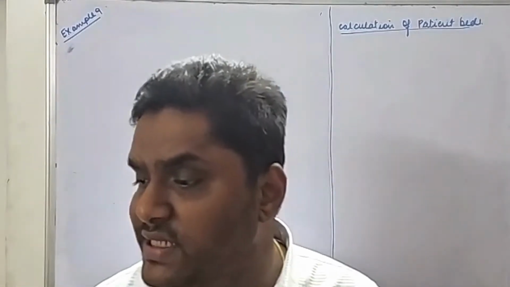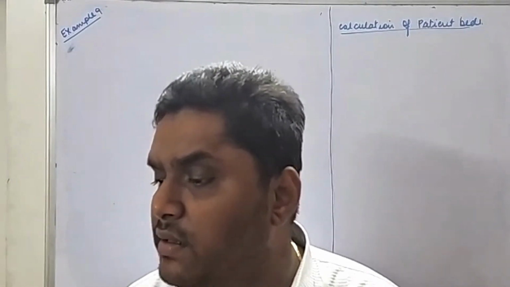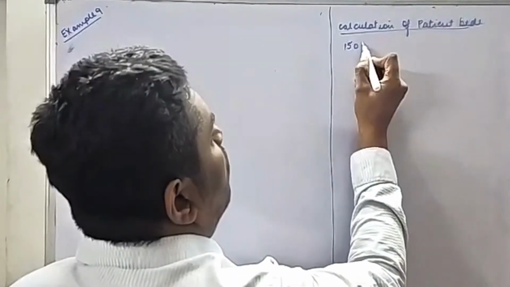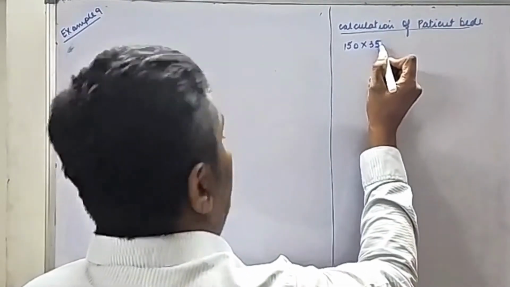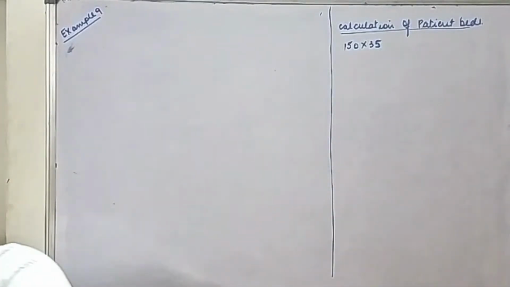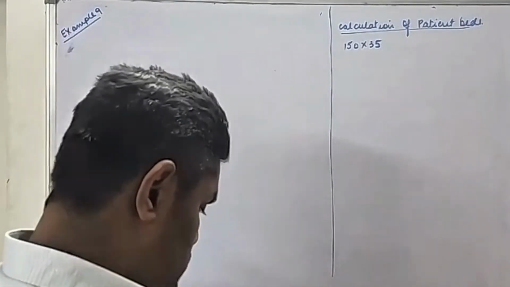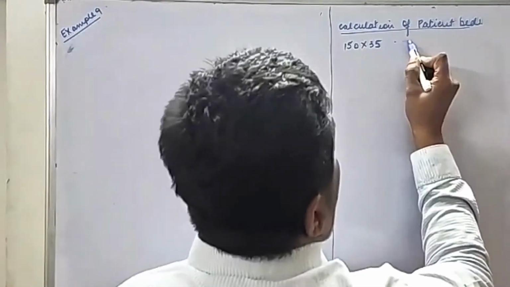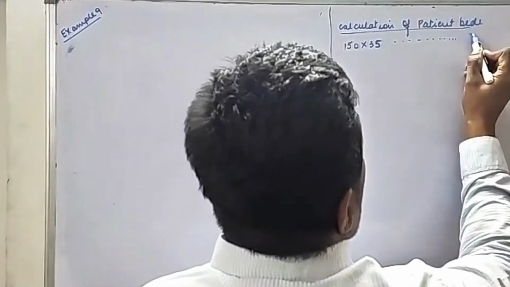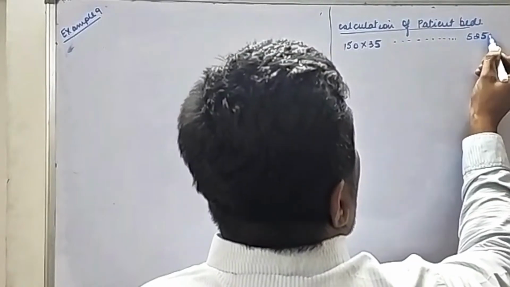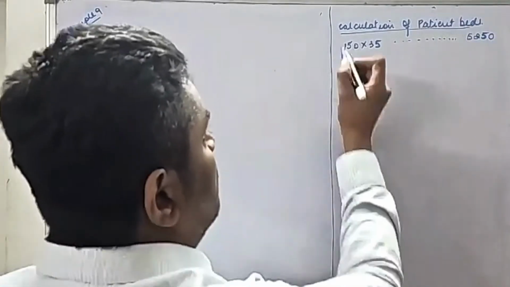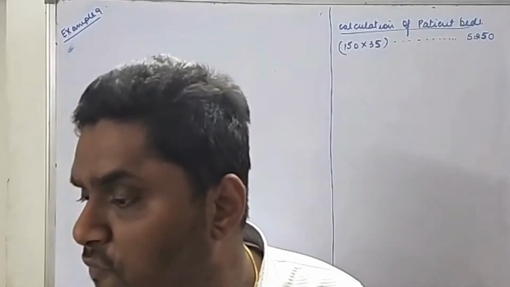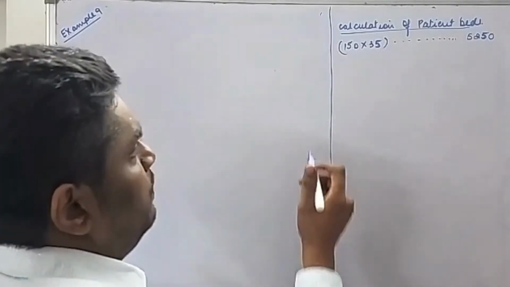See guys, it is given that for 150 days in a year, 35 beds were occupied. For 80 days, only 25 beds were occupied.